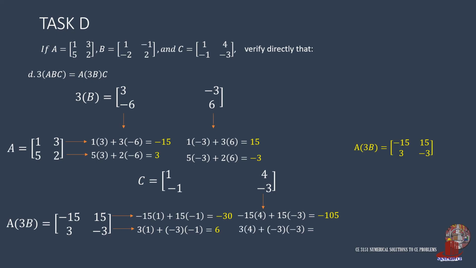And lastly, row 2 with column 2 shows 3 times 4 plus negative 3 times negative 3, and that is 21. So matrix A with 3B and C has the elements negative 30, negative 105, 6, and 21. Again, the same elements from the solved left side of the verification statement, so the relationship is verified correct.